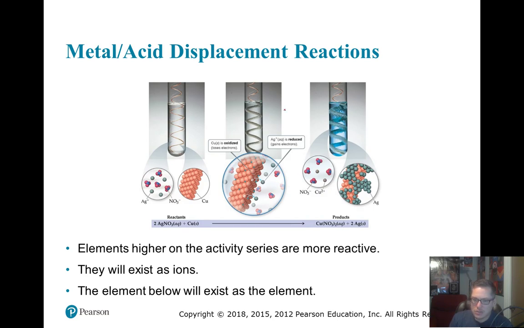So notice that your solution up here is clear, and then it gets blue, and we know that copper solutions turn blue, so we really get copper nitrate here, and all the silver that was in there is getting plated onto your copper coil. So if you pull this copper coil out, you'll have a bunch of silver on the ends of it, or in the part that was in solution.